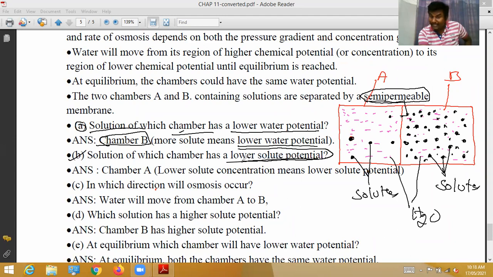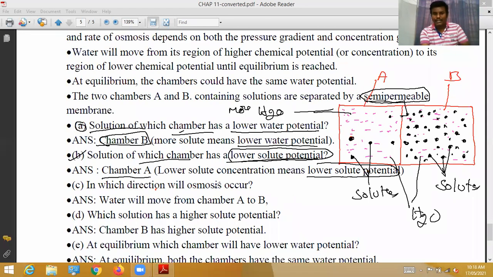You have to remember, yesterday I said that more water means fewer solutes. Which chamber? A chamber. Low solute concentration means lower solute potential. So chamber A has lower solute potential.